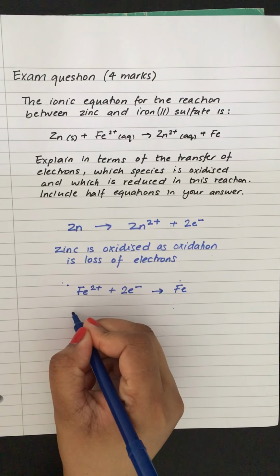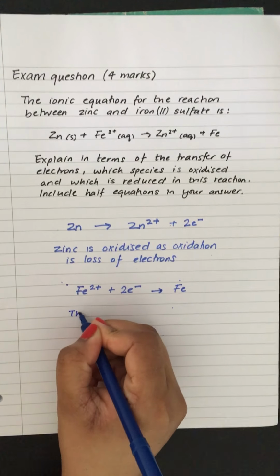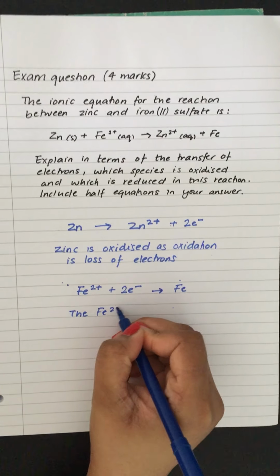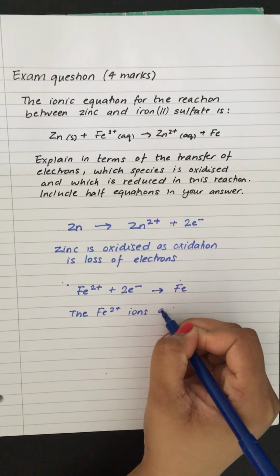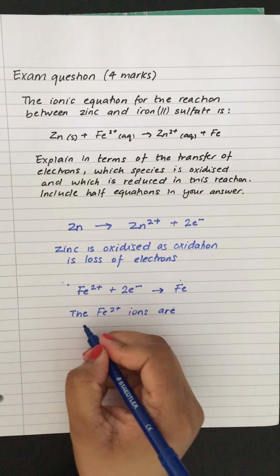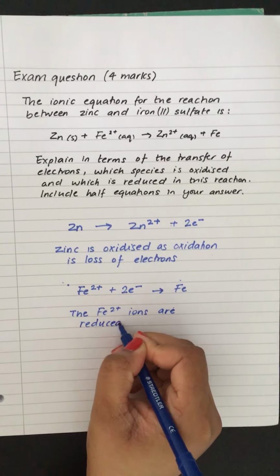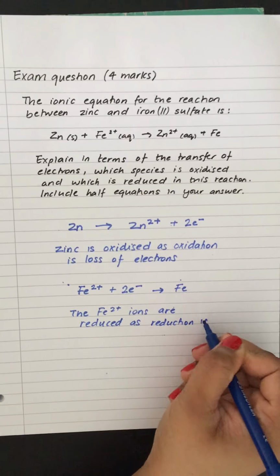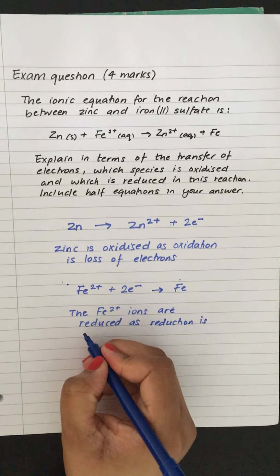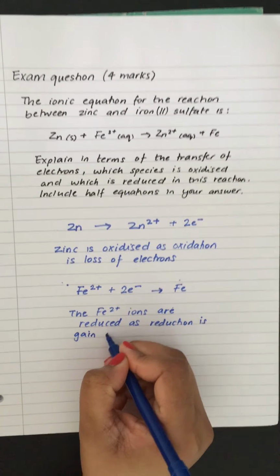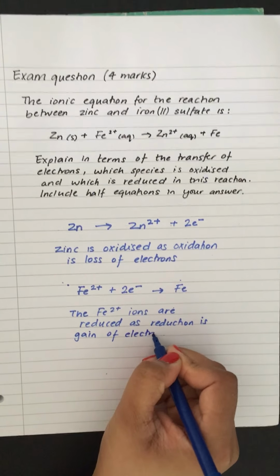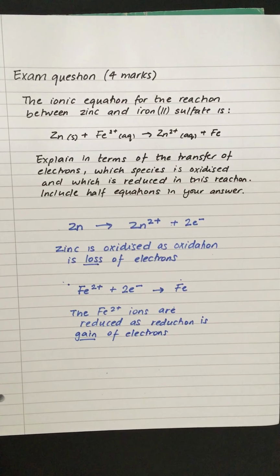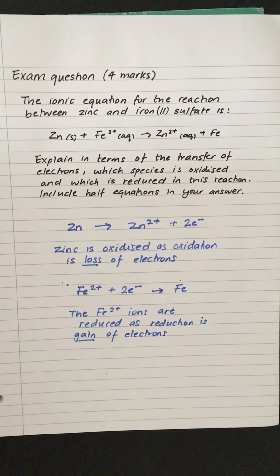And so we're going to say that the Fe2+ ions are reduced as reduction is gain of electrons. And that would get you 4 marks. Well done if you've got that right.